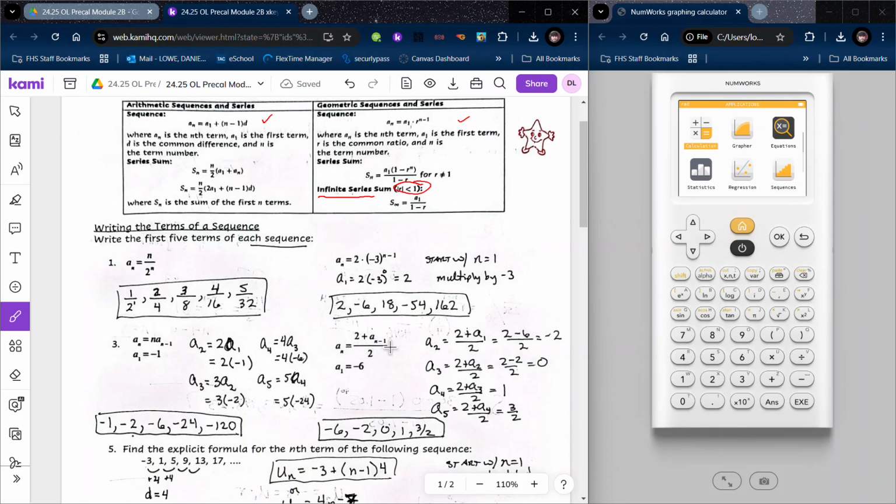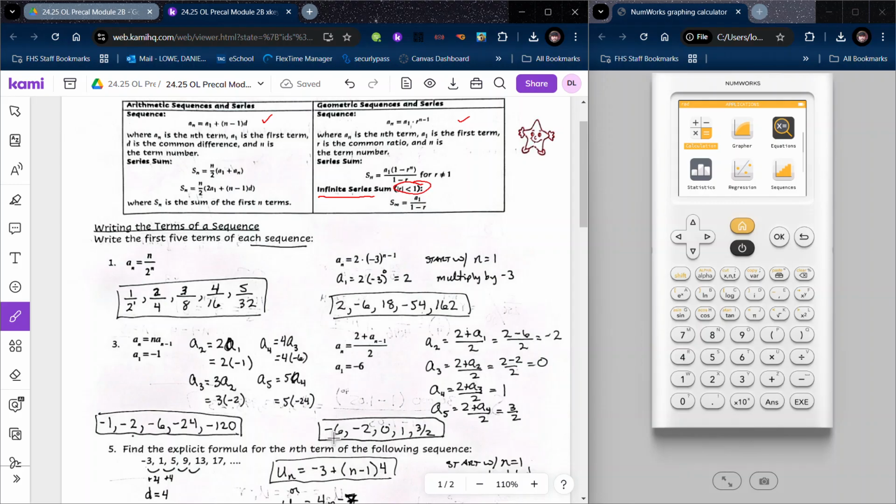For the next sequence, once again, we have a recursive definition. Our given term is going to be 2 plus the previous term, all divided by 2. So the second term is 2 plus the first term, all divided by 2. So 2 plus negative 6, all divided by 2, which is negative 2. The third term is 2 plus the second term, divided by 2.